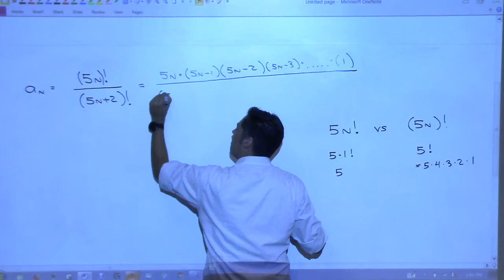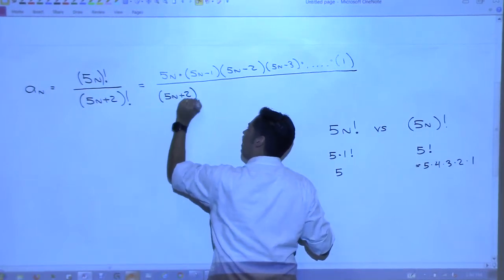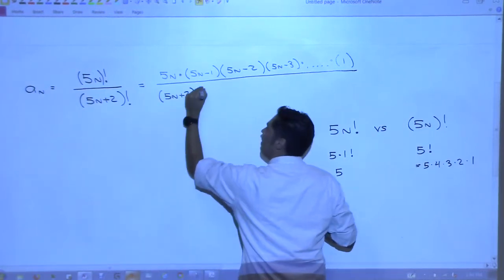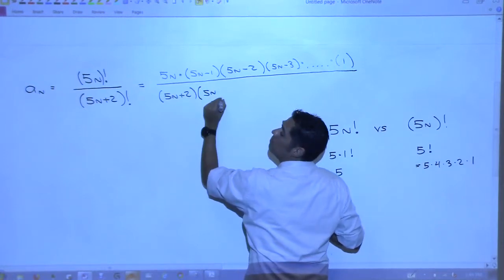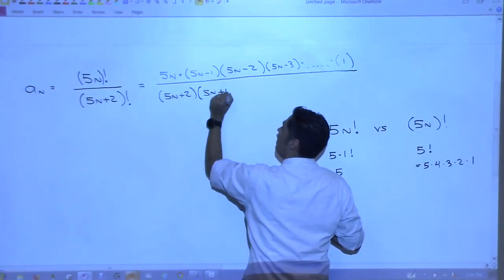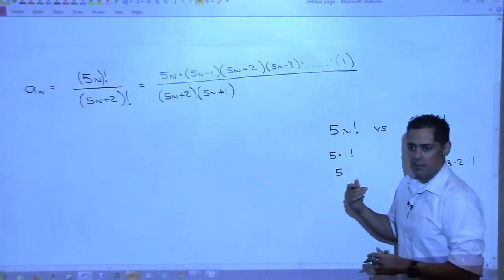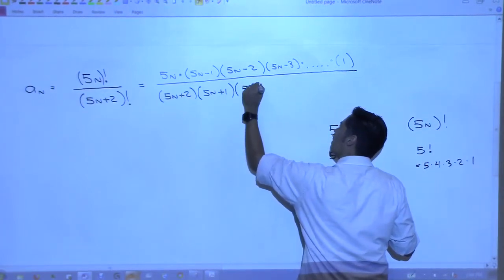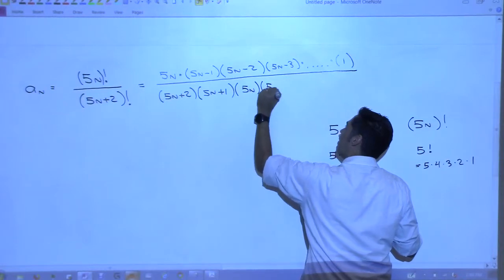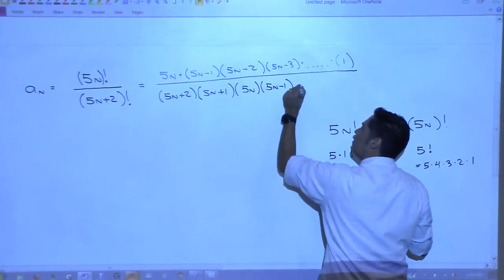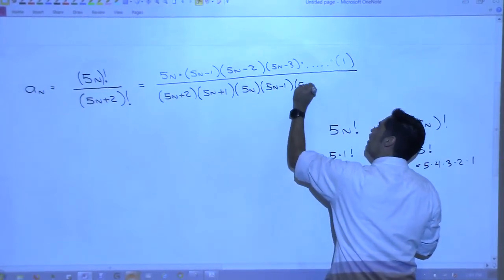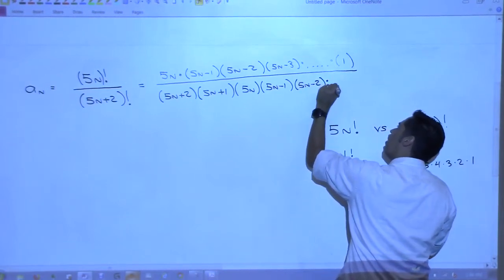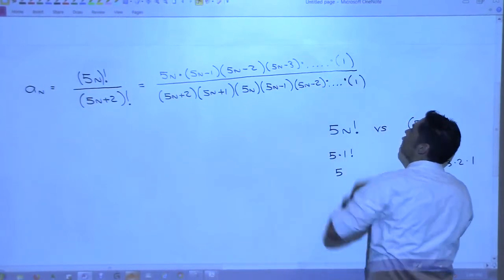This is going to be 5n plus 2, right, which is the first one, and then 5n plus 1, right, because you're taking 1 away. And then you keep going: 5n, and then 5n minus 1, and 5n minus 2, and you'd keep going all the way till you get down to 1.